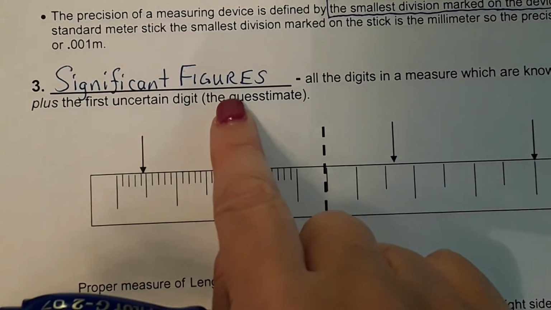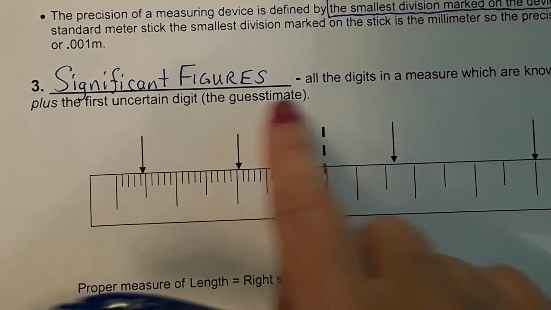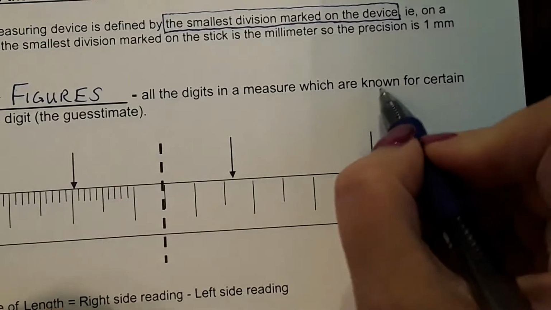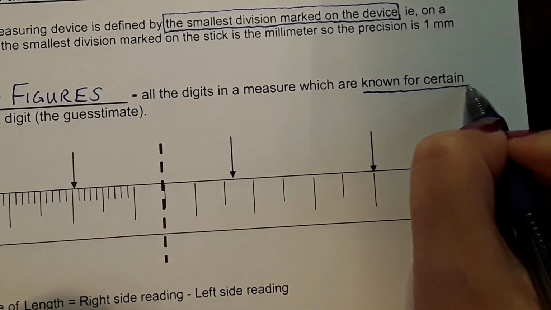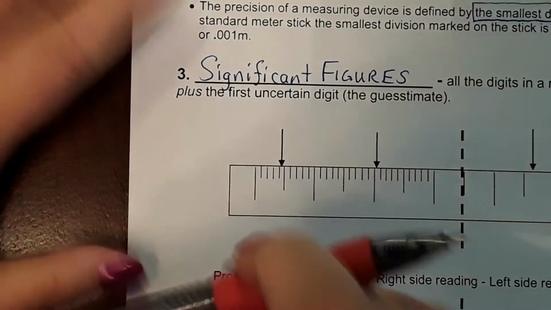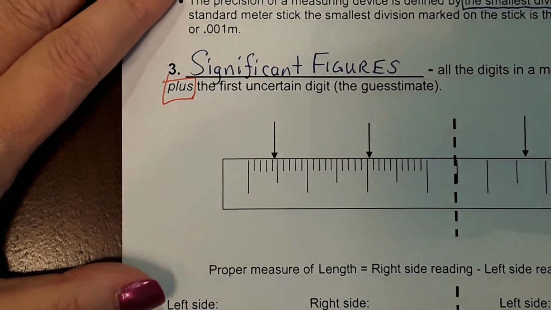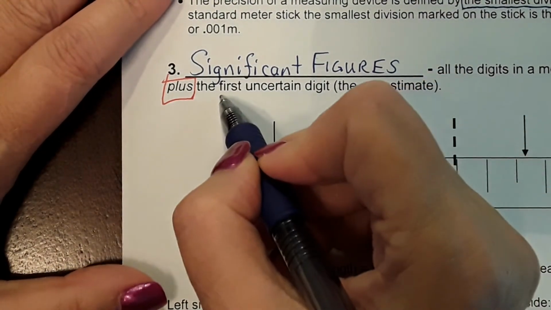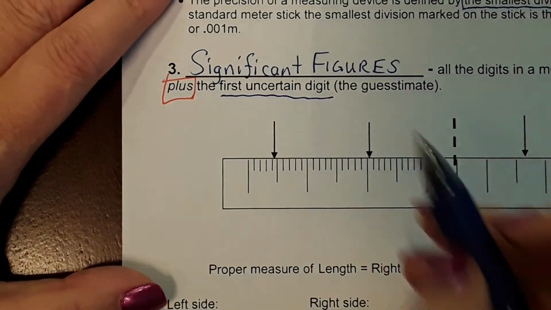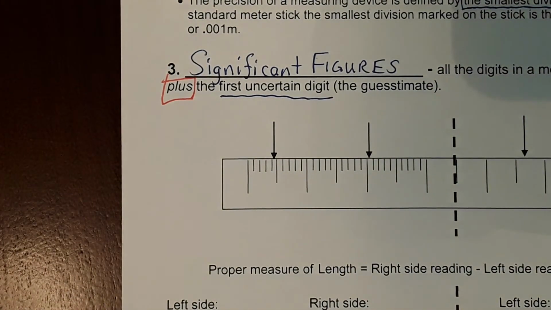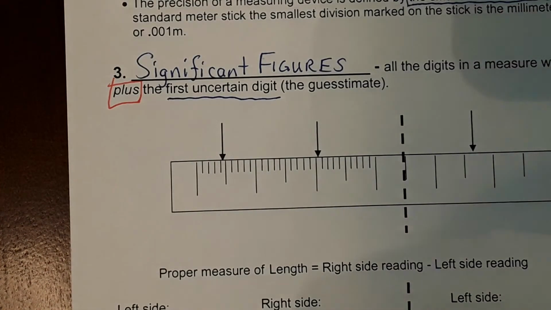The definition of significant figures is all the digits in a measure that are known for certain, plus, that means there's something else too, the first uncertain digit, or your guesstimate of where an object or an arrow falls between one mark and another mark, when there are no smaller marks.